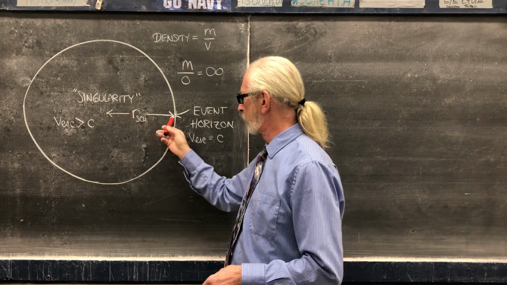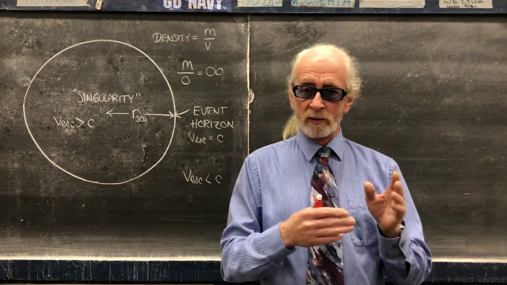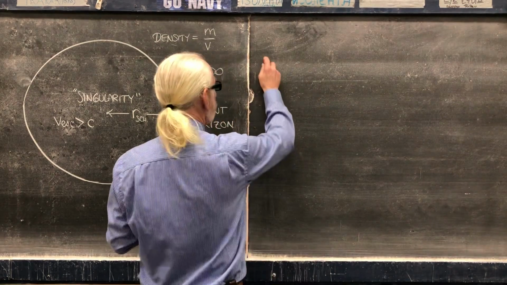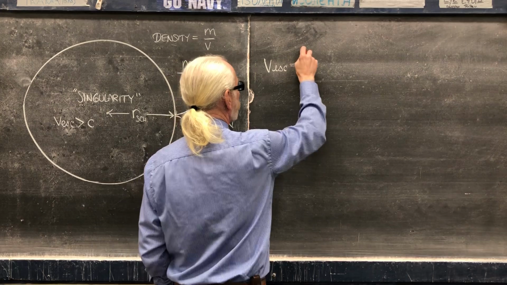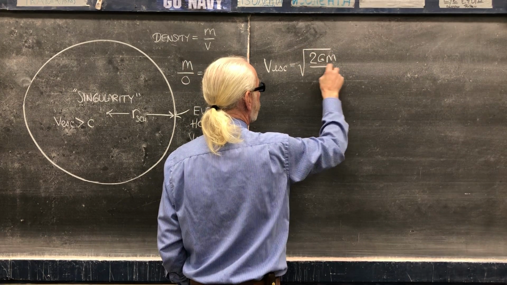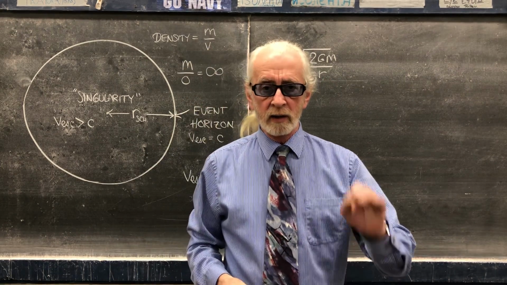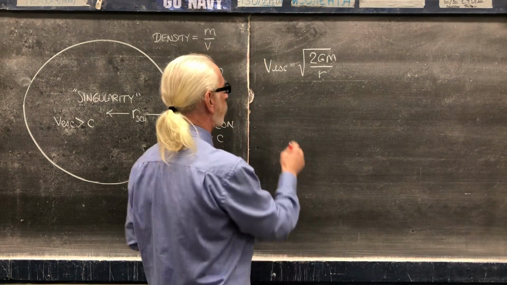That's the Schwarzschild radius. Now, we always go back to Newton. Remember, we calculate escape velocity this way. Now, what if we stipulate that escape velocity is the speed of light?